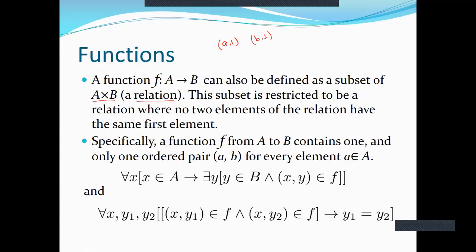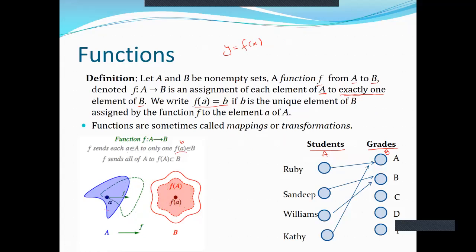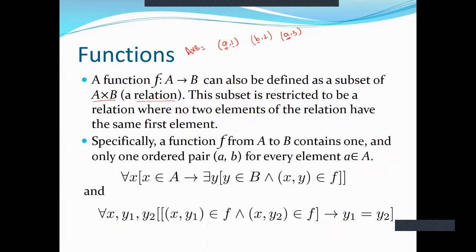Only then is this called a function, if we do not get the same first member. That means if I have one more pair like (a, 3) as a result of A cross B, then a is mapped to 1, and a is mapped to 3 as well. That is not possible. I mentioned it in the previous slide. You have exactly one. So this is not a function at all.